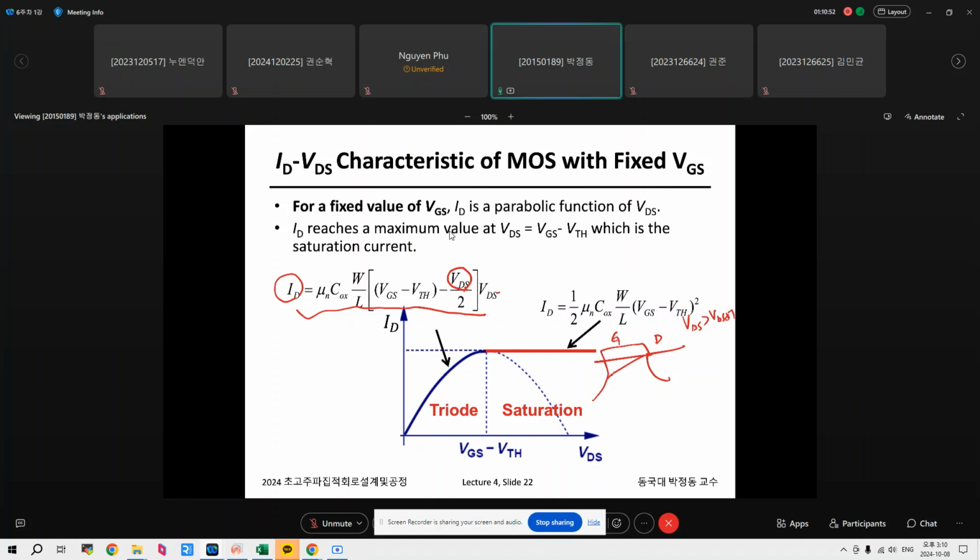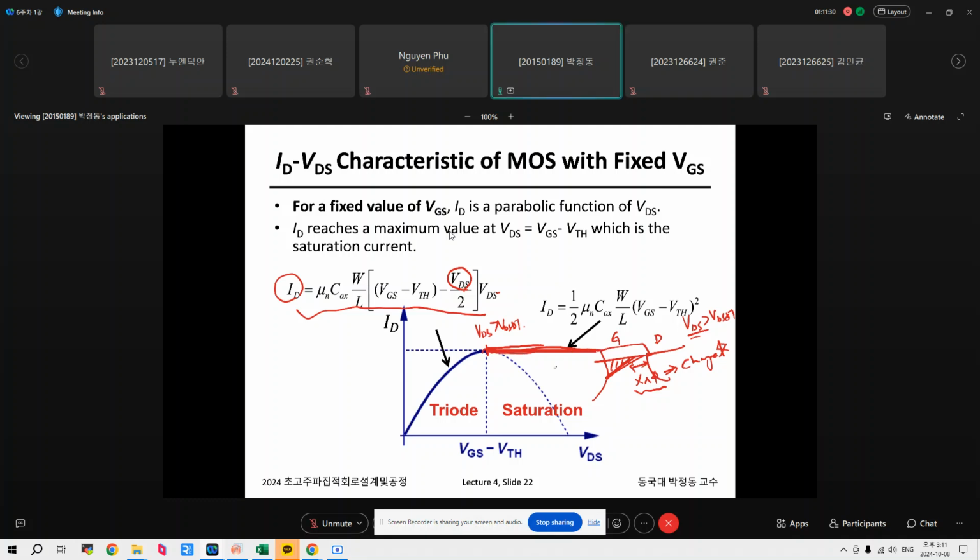The effective channel length is slightly reduced because the depletion region is increased. Since the depletion region is increased, it does not contribute to form more channel, more charge. Charge is not increased by increasing VDS. Therefore, once VDS is larger than VDsat, the current is constant. Okay?